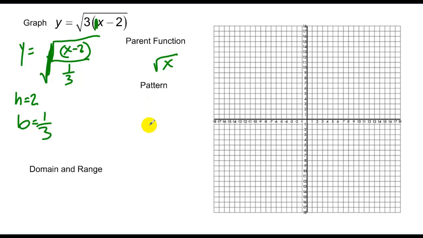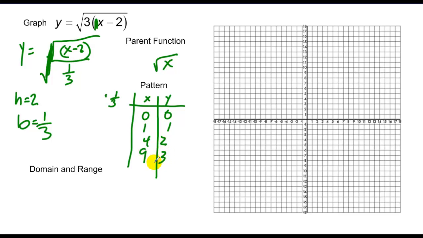Parent function is still radical x. Pattern doesn't change a whole lot. We're multiplying our x's by a third. 0, 0, 1, 1, 4, 2, 9, 3. Multiplying by a third, we get 0, 1/3, 4/3, and 3.